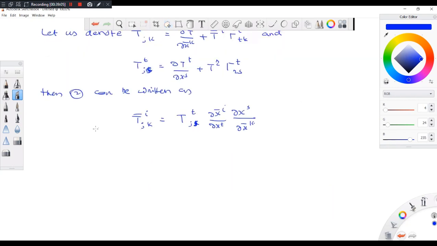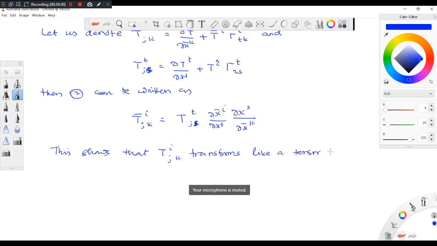So this shows that t I semicolon k transforms like a tensor of the type 1 1. Okay, of the type 1 1.